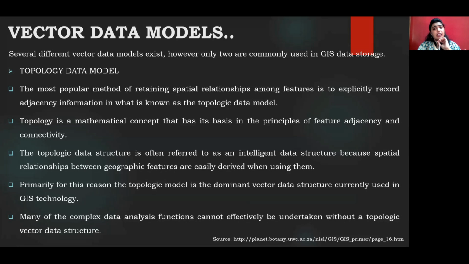The topologic data structure is often referred to as an intelligent data structure because spatial relationships between geographic features are easily derived when you're using them.